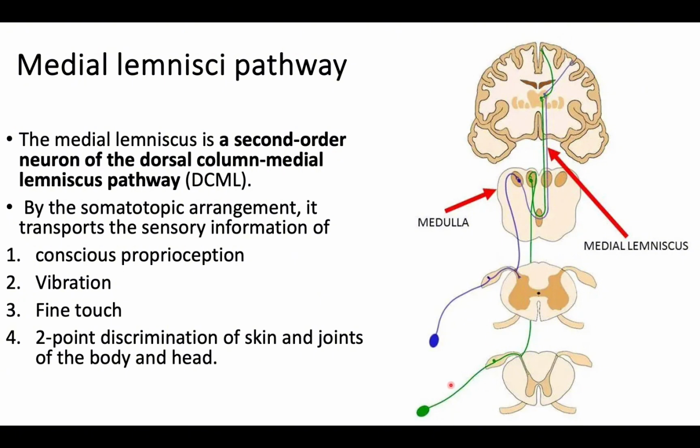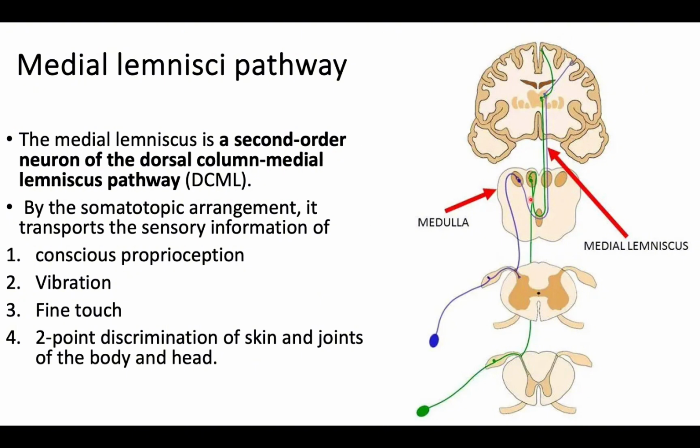When we take this green one at a lower level of the spinal cord segment, you have this and it will rise. Like I told you in the earlier slide, it is no longer going to cross, it's just going to go through its path all the way to the medulla.